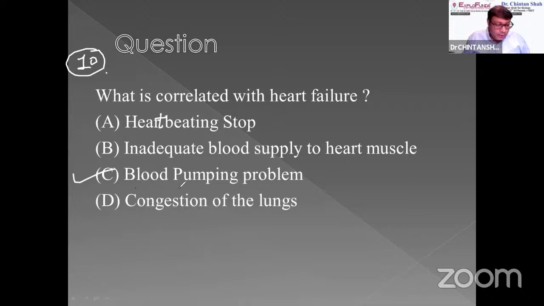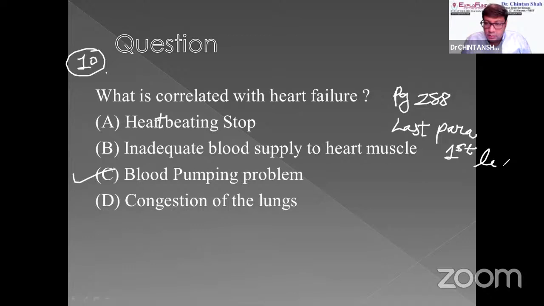Okay, let's look into the textbook. On page number 288, please check the first line, last para, first line. Please look at this.